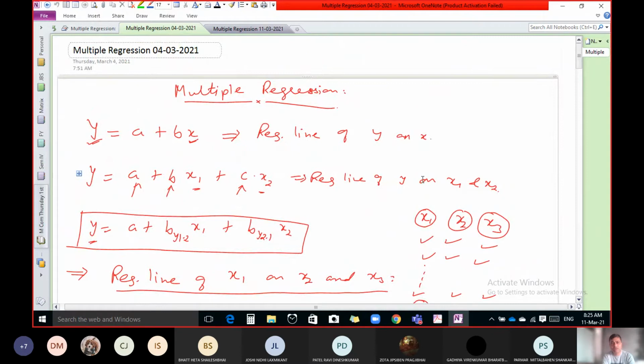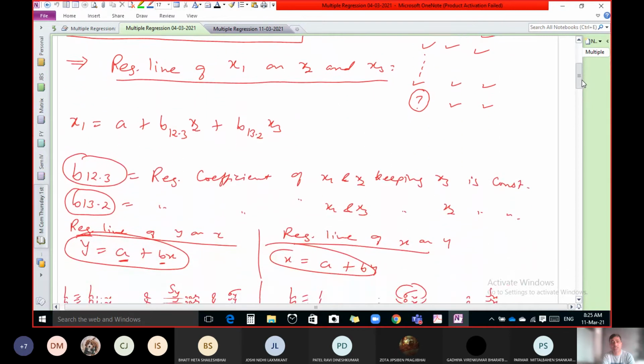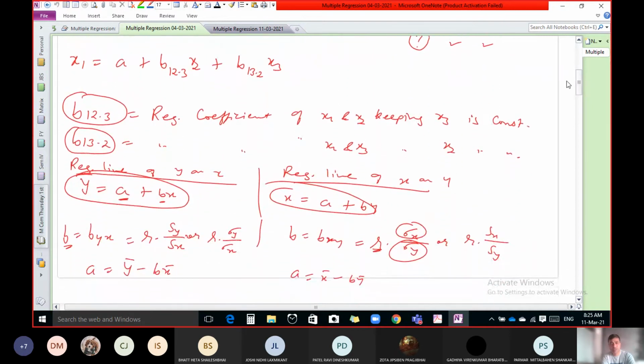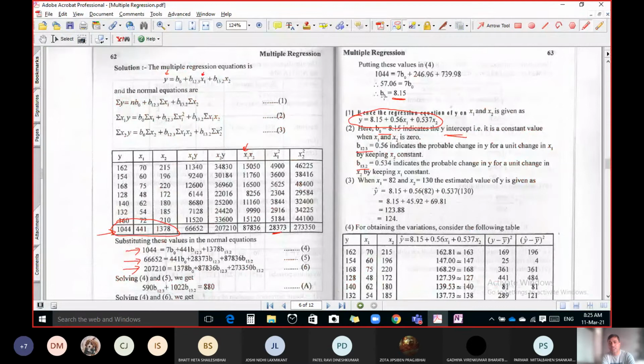Similarly, for the regression line y on x1 and x2, a is the intercept, that means the constant. So here the constant is b0; instead of a, you can use the symbol b0. So 8.15 is the intercept, a constant number. That means even if x1 and x2 are 0, the value of y equals b0. If you put x1 as 0 and x2 as 0 here, we get the value of y. That is why it is known as the intercept.